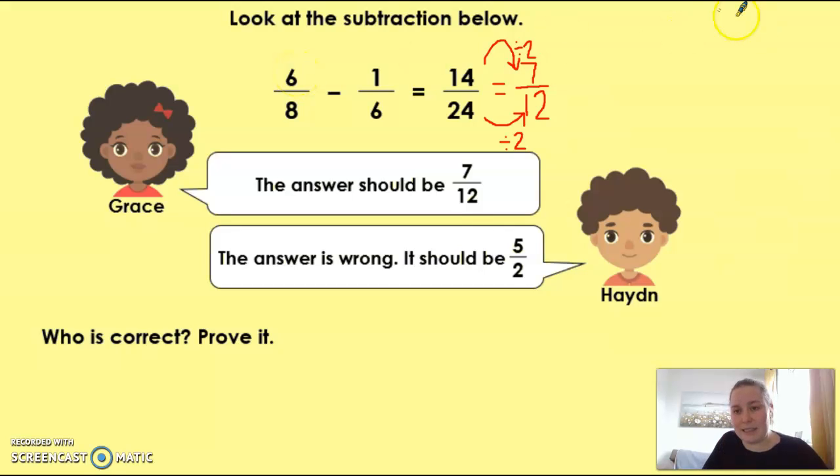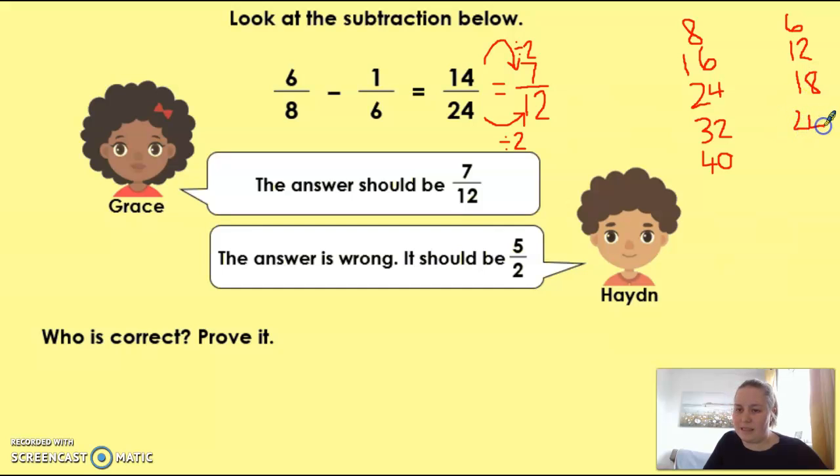Okay, so find the common denominator first. So write out my 8s and write out my 6s. Let's do that quickly. 8, 16, 24, 32. I'm just going to do 4 or 5 and then check my 6s, because as soon as I see one that's the same, that's the one I'll use. So 6, 12, 18, 24.